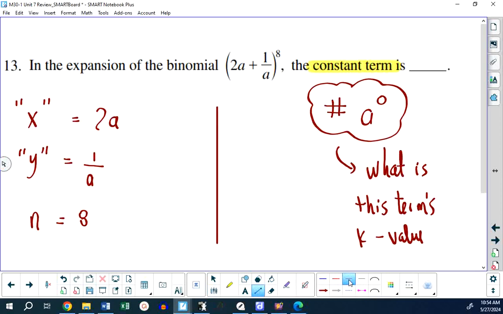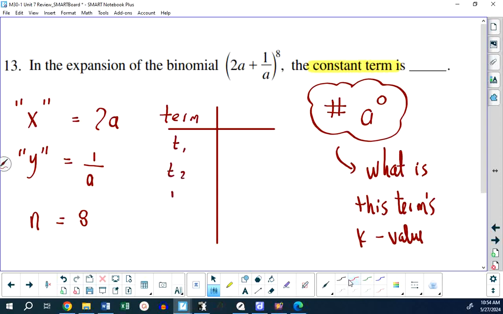What you can do is you can write which term we're talking about here, term 1, term 2, term 3, and we can extend this table as much as we need to. And what I'm going to put in the other part of the table is the variable component. I'm not going to put in here what the term is. I'm just going to put what it will have for variables.